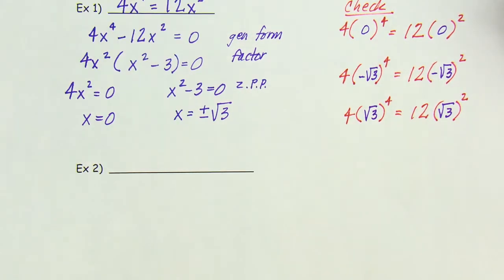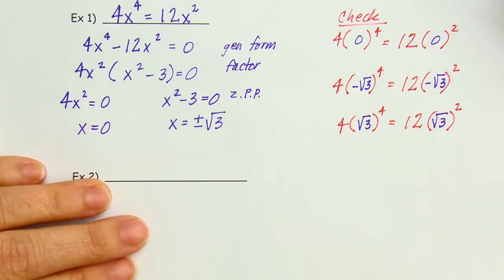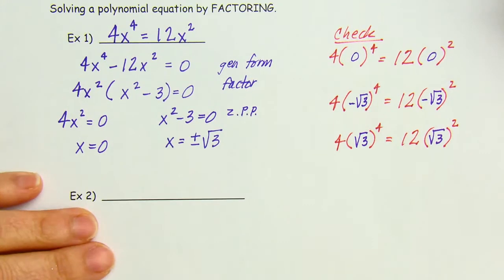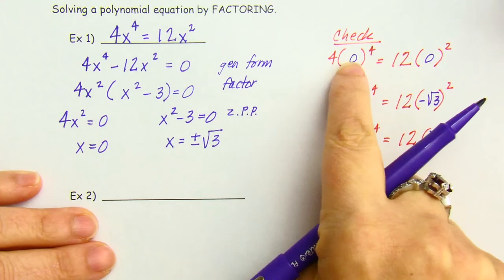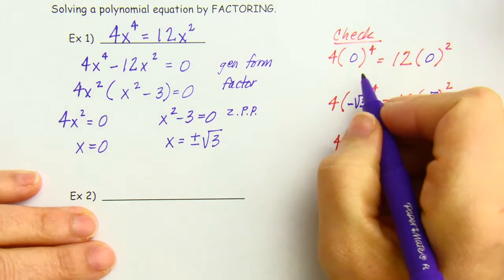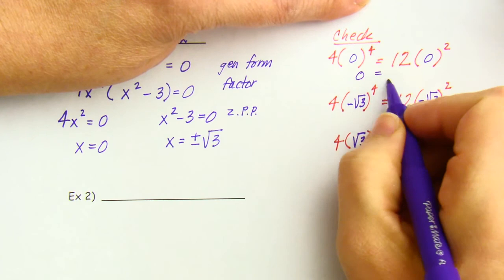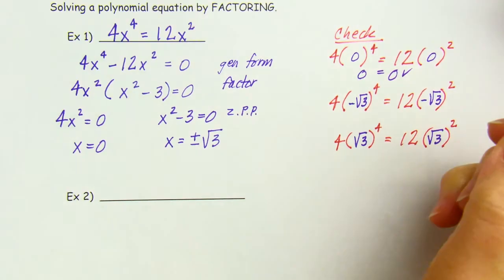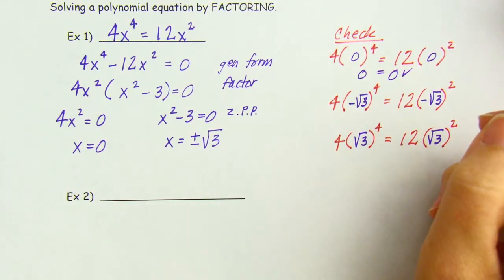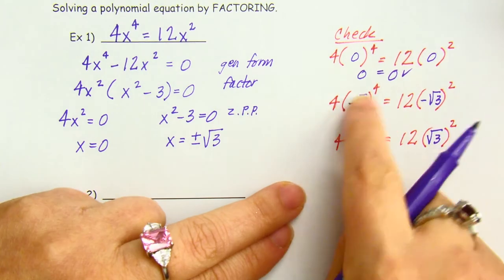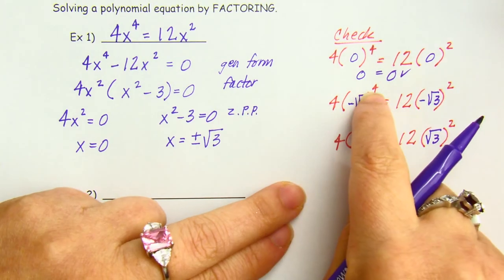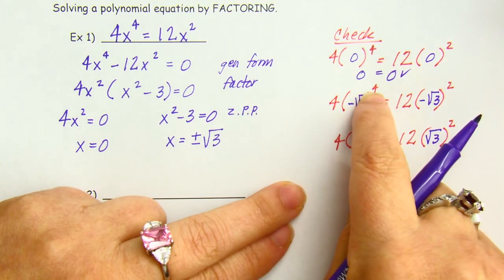Okay, so for the first check, raising 0 to the power of 4 and multiplying by 4 still gives me a 0. And I will get a 0 over here on the right. So that works. When I take a negative to an even power, it's going to be positive.